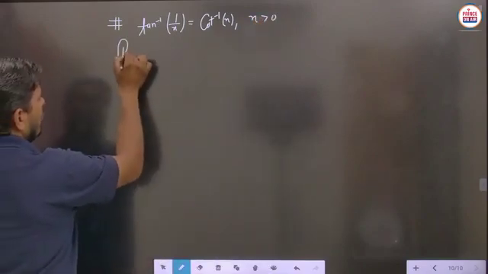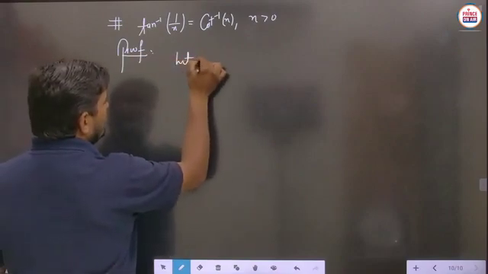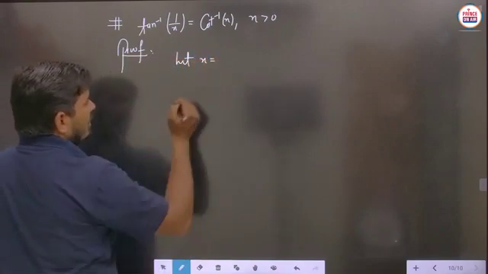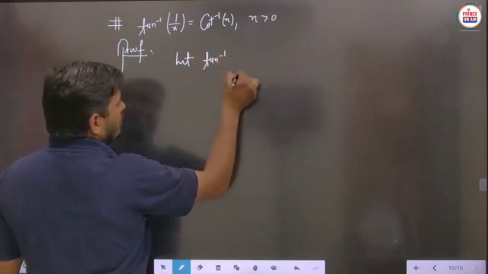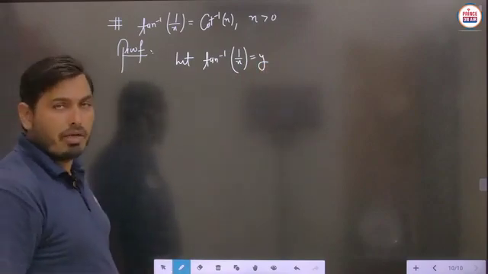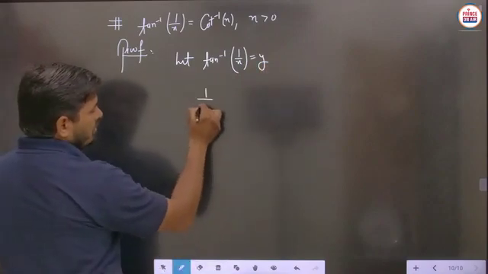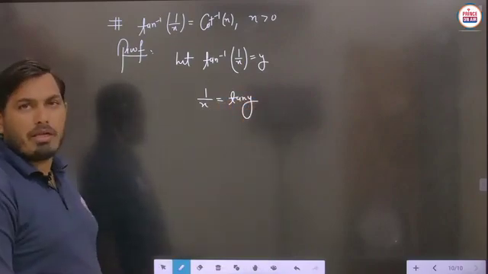Suppose we have to know about the proof of this property, then we can say that let us take this whole tan inverse of 1 upon x as y. Then you can say that 1 upon x will be written as tan y.